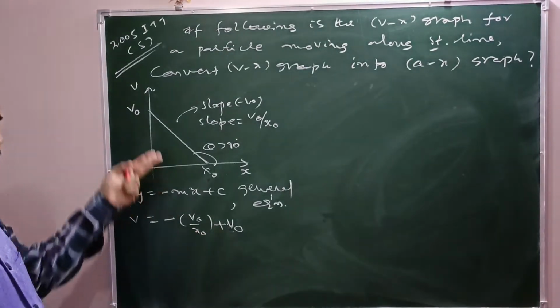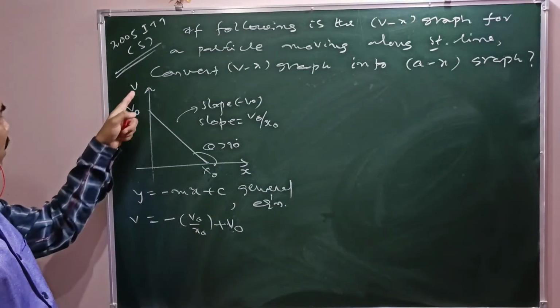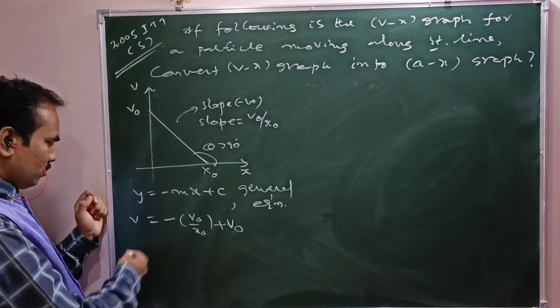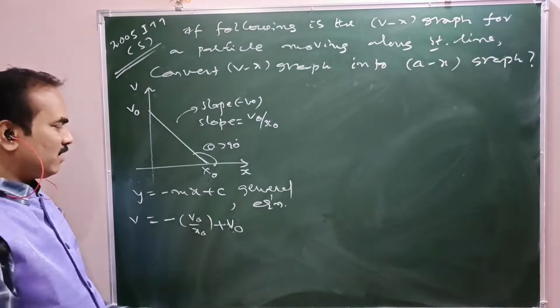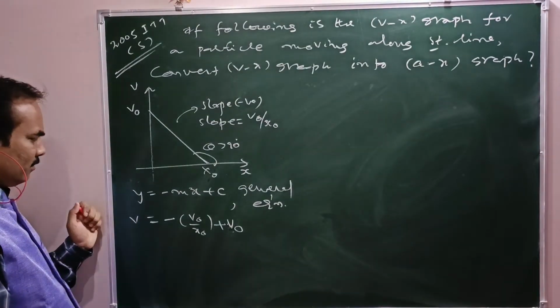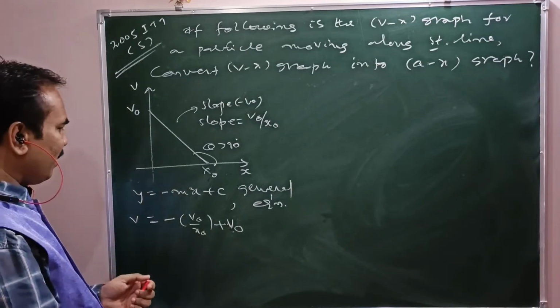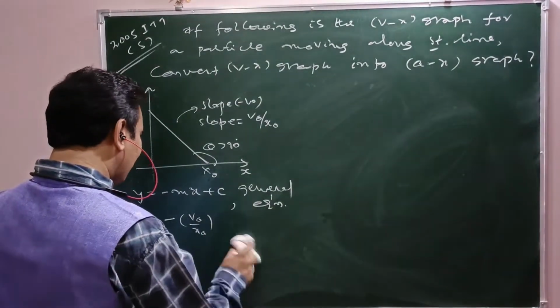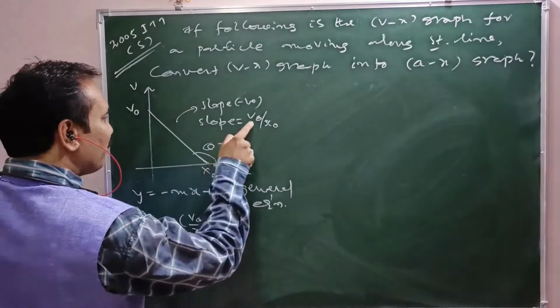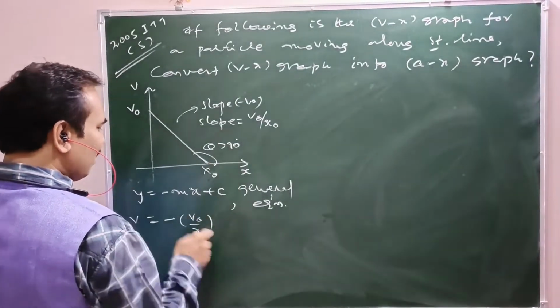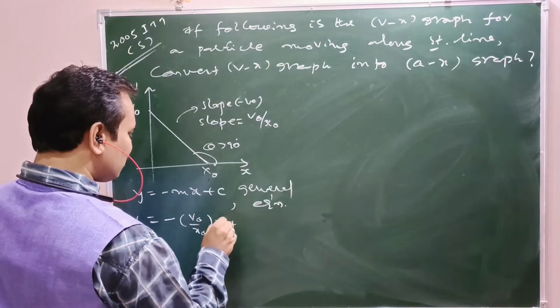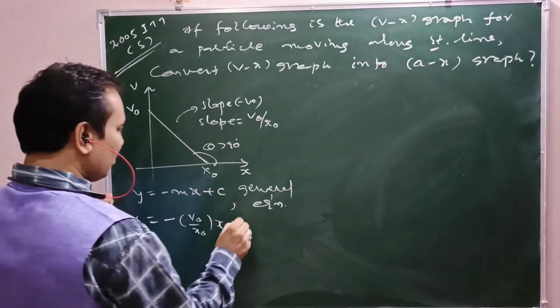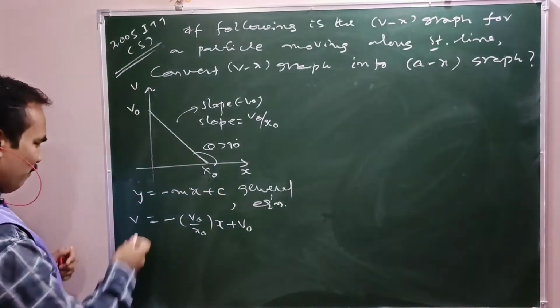This is the given form for the v-x graph. So v equals minus v0 by x0 into x plus v0.